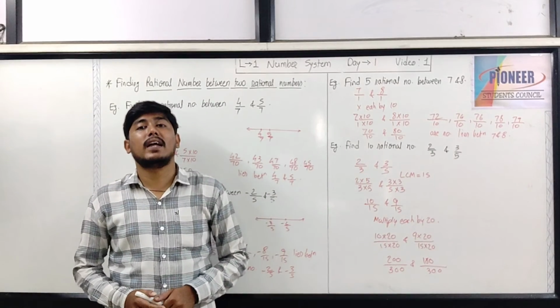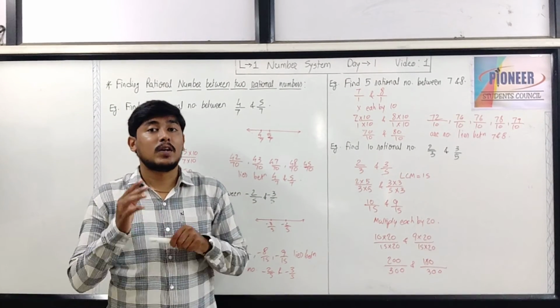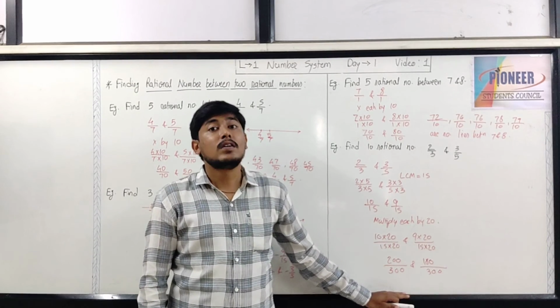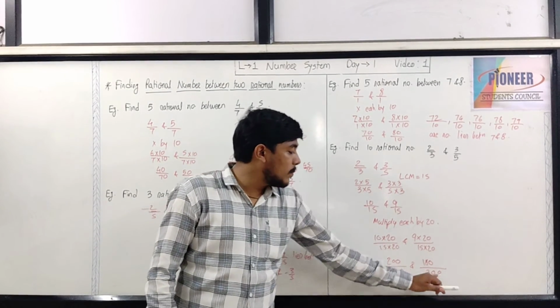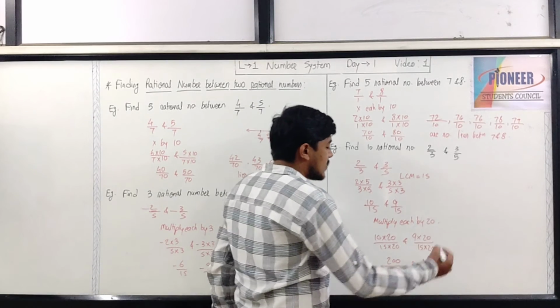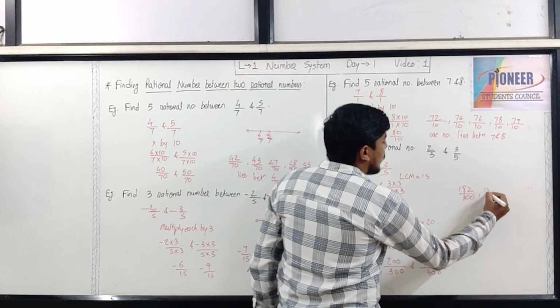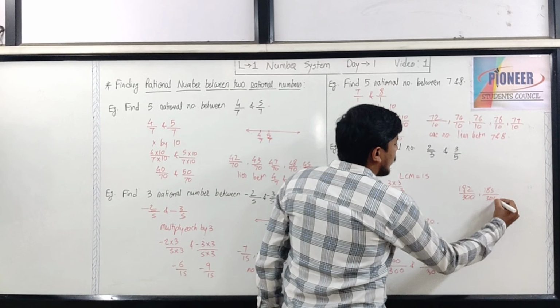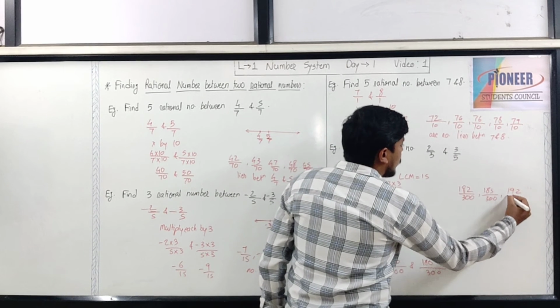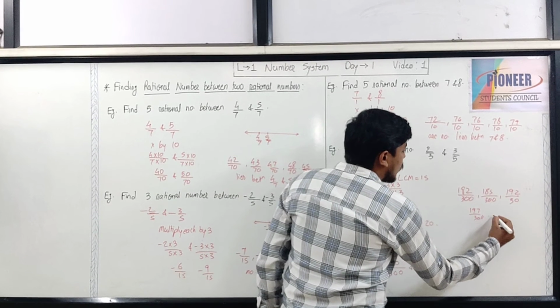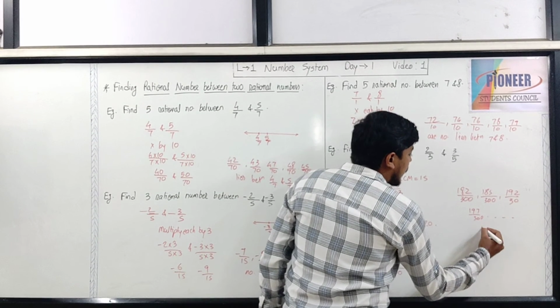So between 200 and 180 there are 19 numbers, out of which you can write any 10 numbers between these two numbers. So let's write 182 upon 300, 185 upon 300, 192 upon 300, 197 upon 300, and so on up to 10 numbers.